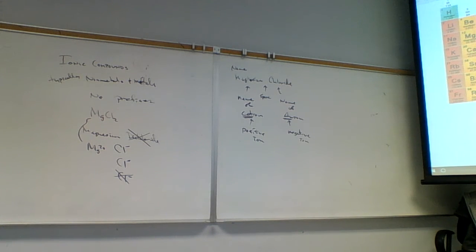So what we'll look at first are monatomic cations. Let's take a look at lithium. For example, lithium has 3 protons, and it depends if we're talking about lithium-6.